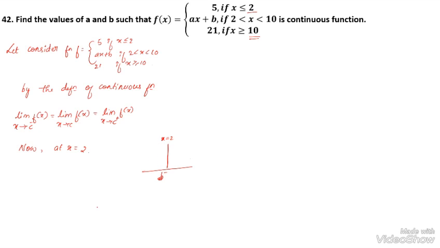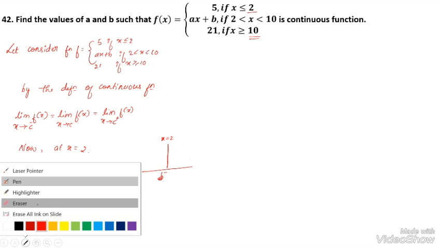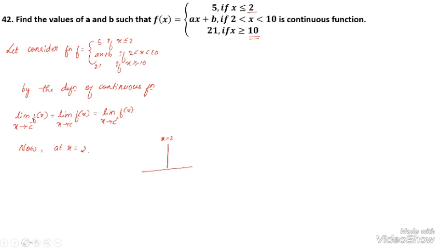For x less than 2, the given function is 5, and for x greater than 2, we get ax plus b. By the definition, the left hand limit and the value of the function are equal.